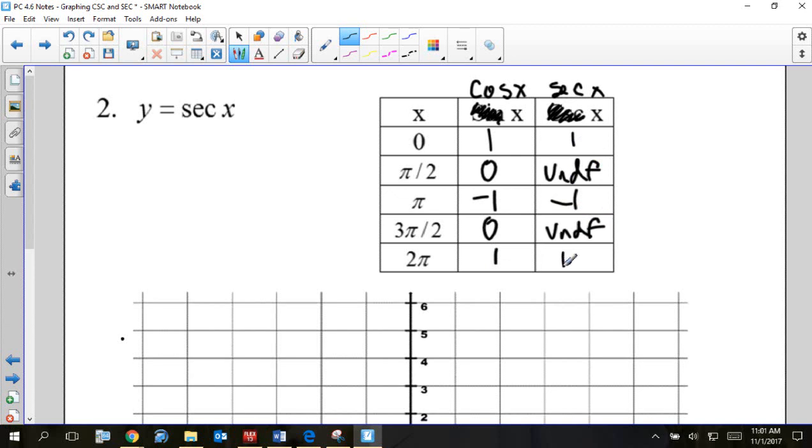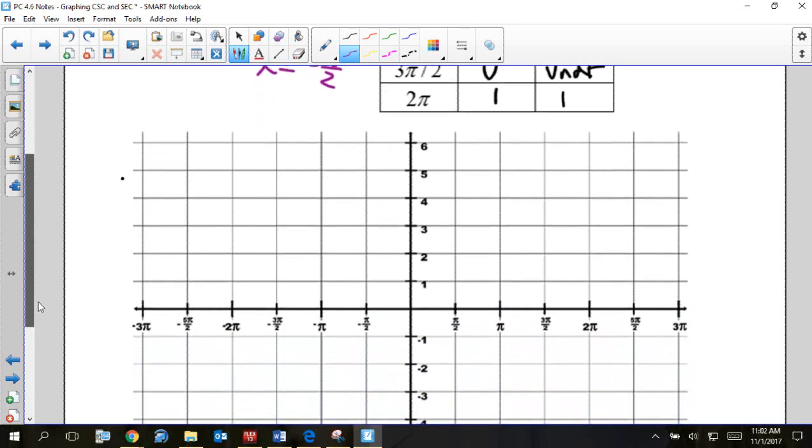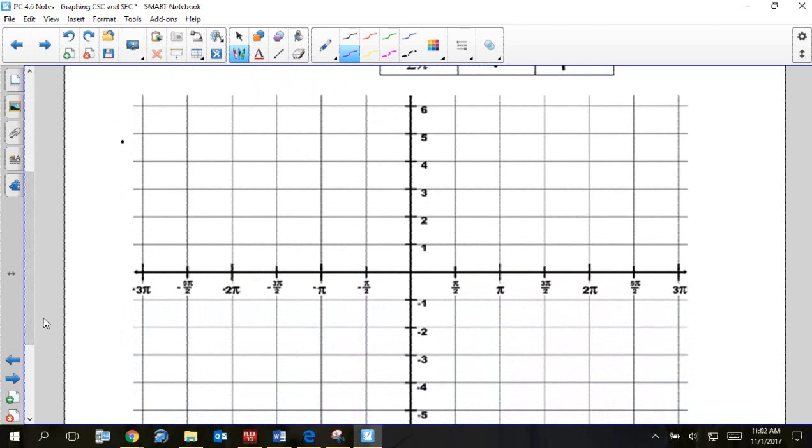Every place that I see an undefined, what is that going to be on the graph? Asymptote, right. So I'll go ahead and draw my asymptotes at pi over 2 and at 3 pi over 2. And are those the only asymptotes that I'll draw? Nope.